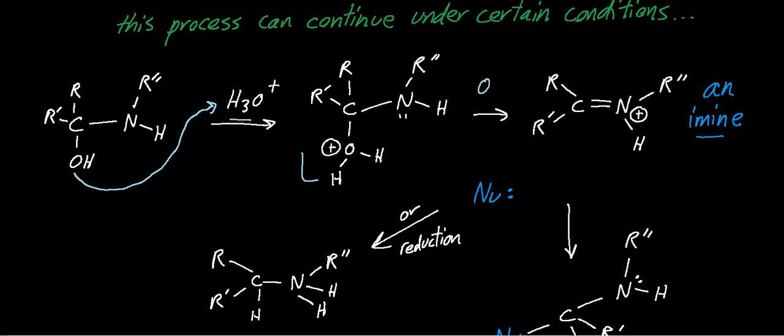So, say there's some more water present. This can be deprotonated. These electrons go here and kick off the excellent leaving group into a sea of water. And so we create an imine. We call this an imine.